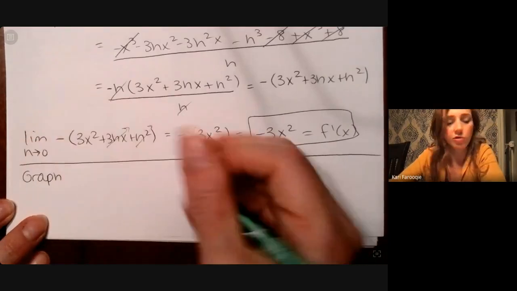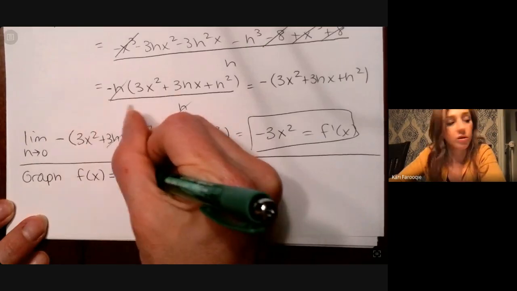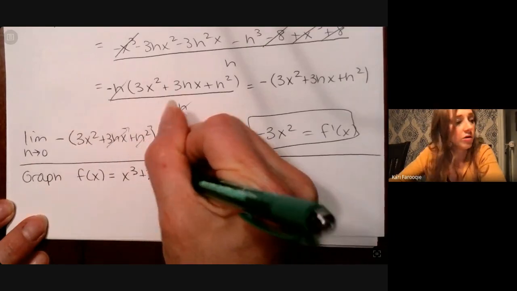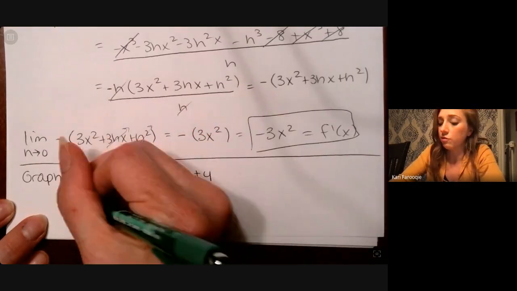So what I want to do is graph f of x is x cubed plus 2x squared minus 5x plus 4. Now, I'm going to give you the derivative in this case.